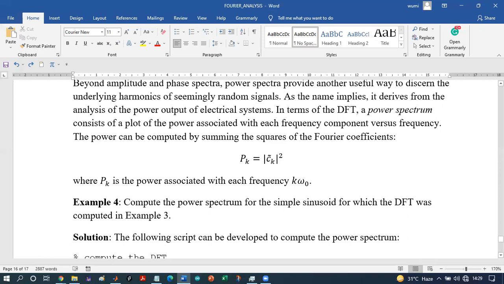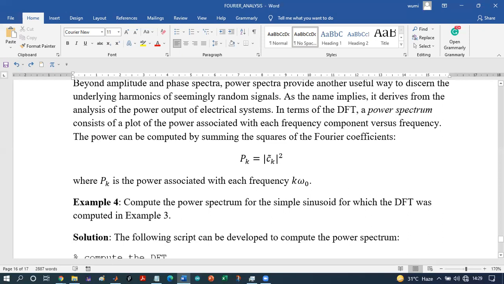At f of 2, the power spectrum is 0.5 squared, which is 0.25. At f of 3, what's the power spectrum? It's the absolute value square of the DFT.